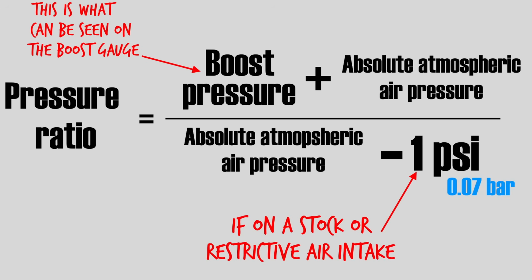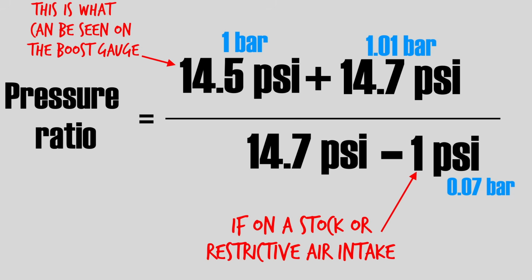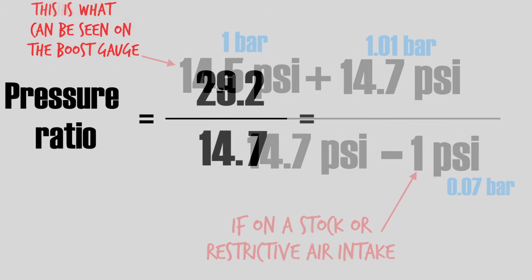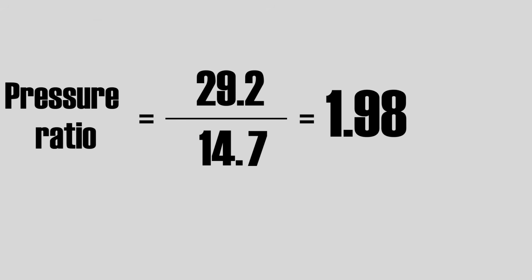So if we assume that we are at sea level, and if we assume that our turbo is generating 14.5 psi or 1 bar of boost, for example, then our pressure ratio is 1.98, which is essentially 2. You can consult the compressor map section of this video to see why pressure ratio is important.